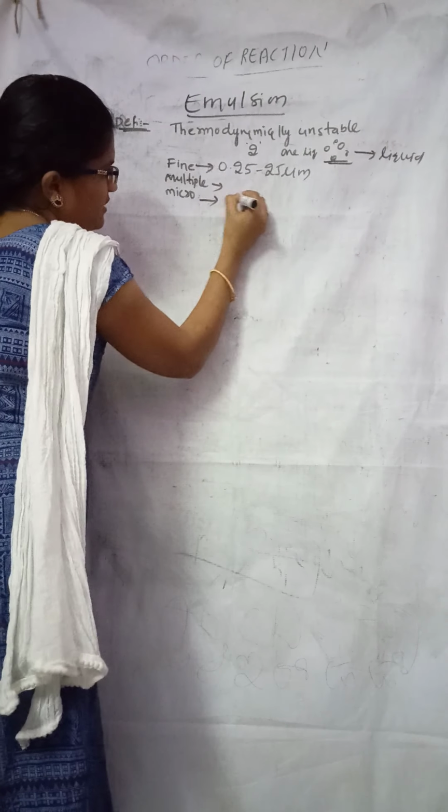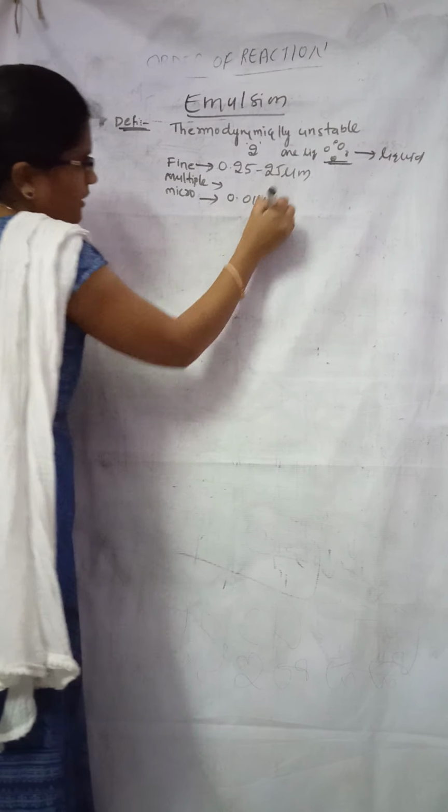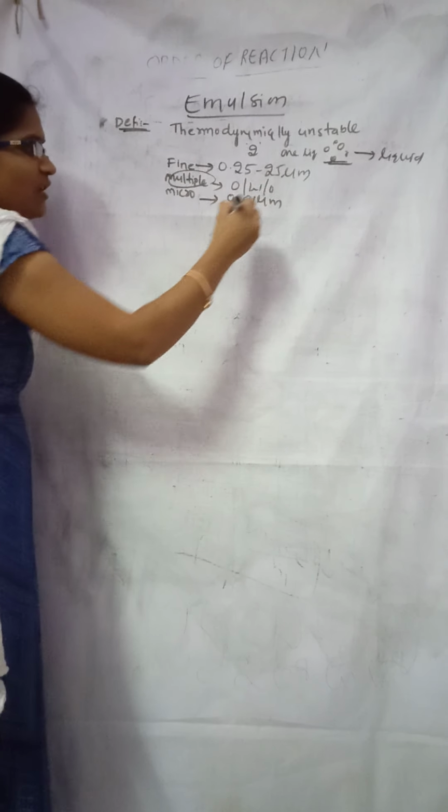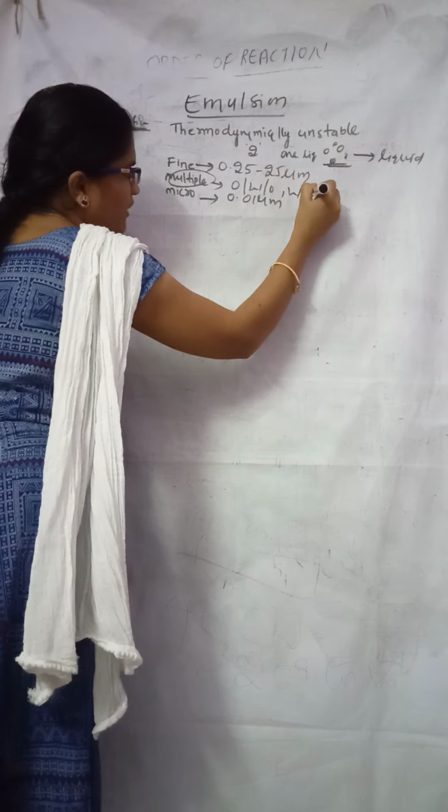Micro emulsion means the globule size will be 0.01 micrometers. Multiple means emulsion in emulsion, for example, oil in water in oil emulsion, water in oil in water emulsion. These are multiple emulsions. Okay.